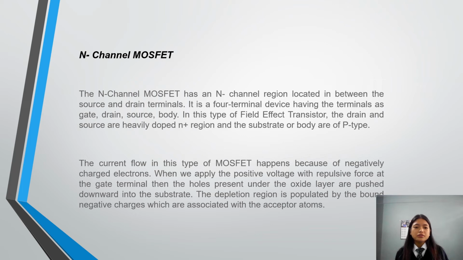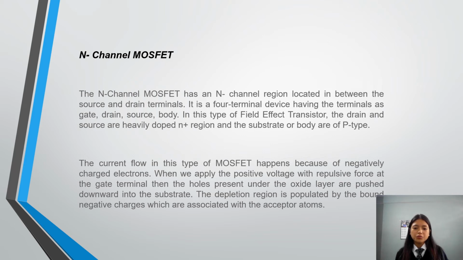Now the N channel MOSFET. The N channel MOSFET has an N channel region located in between the source and drain terminals. It is a four-terminal device having the terminals as gate, drain, source, and a body. In this type of field effect transistor, the drain and source are heavily doped N plus regions, and the substrate or body is of P-type. The current flow in this type of MOSFET happens because of negatively charged electrons.